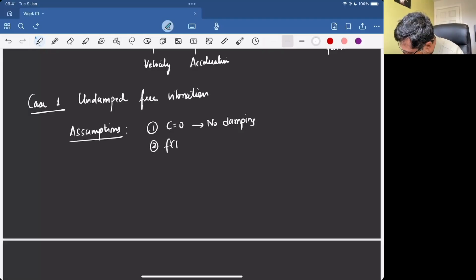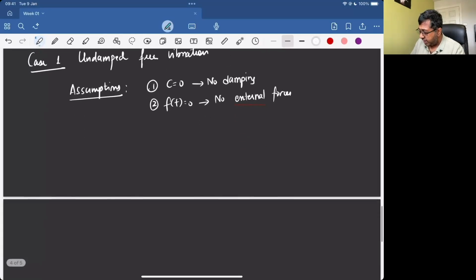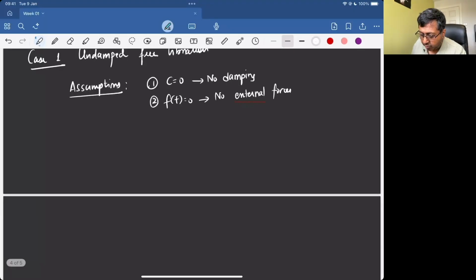Second, f of t is 0, no external forces. We'll try to see why we are doing it. We want to start with the simplest scenario, in which case our model would reduce to something like a spring and a mass. This is our reduced system.